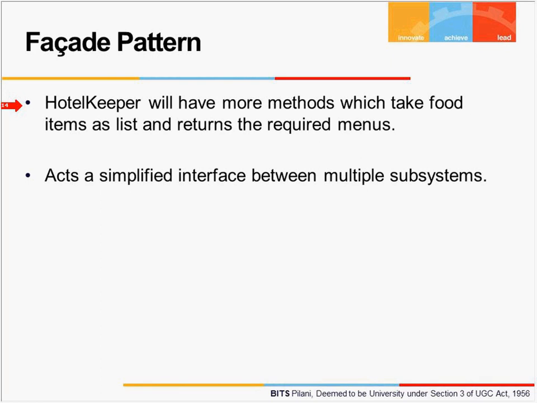So why don't we use an abstract class instead of an interface? The answer to this is that in Java, you can implement n number of interfaces, but extend only one class.